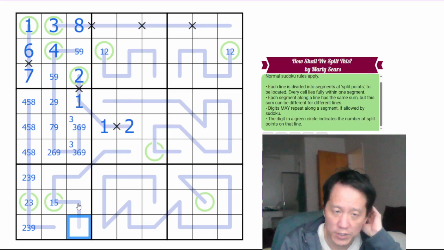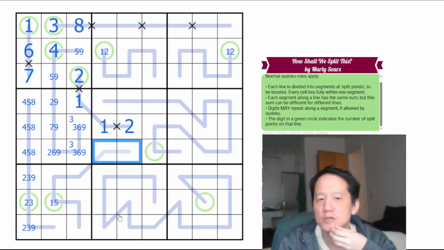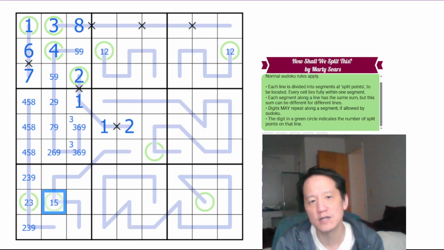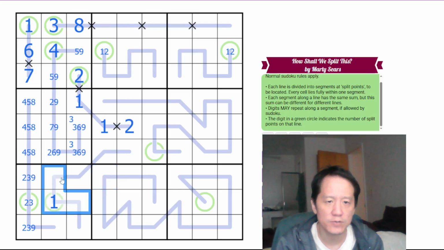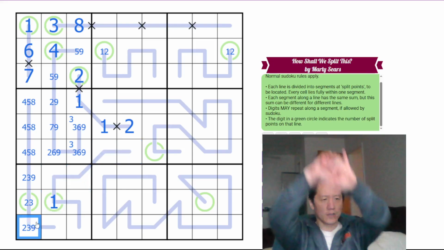So that would be a split of 1, another split 2, another split 3, and another split 4 at most, which is not 5. So this has to be then 1. So this is 1 split. We don't know what it adds up to though.